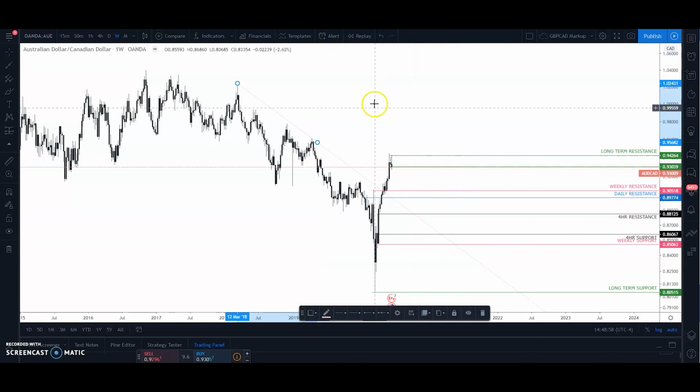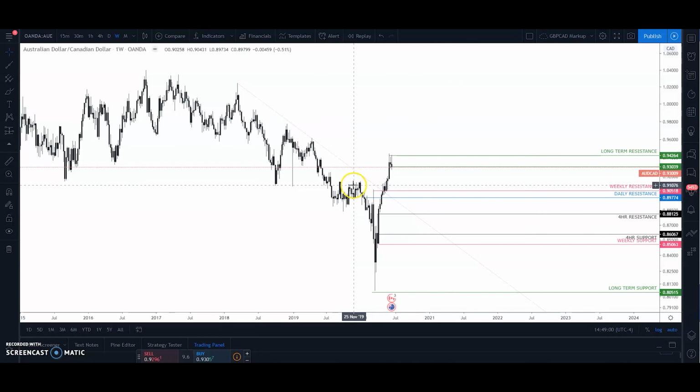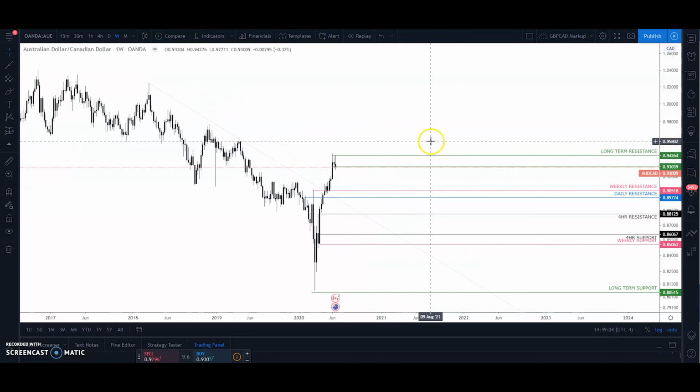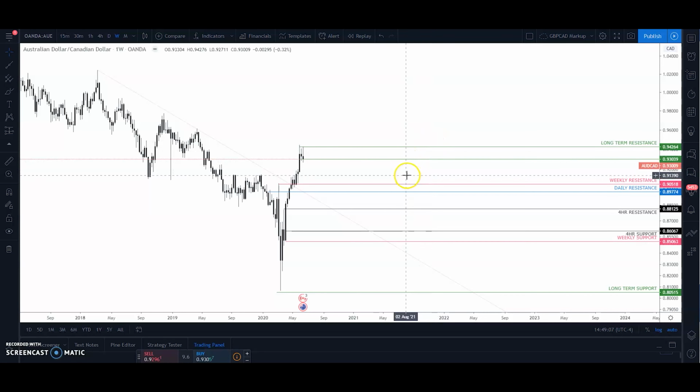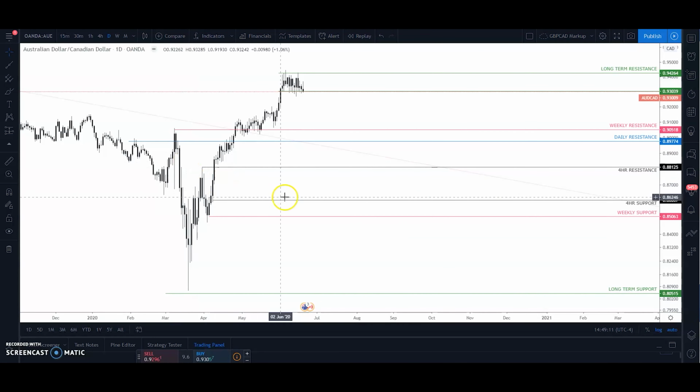And I make this really light because I don't like a messy chart at all. I don't need a whole bunch of Christmas lights on my chart. So I'm going to go down and see how price tested the backside of this trend line and then went up.